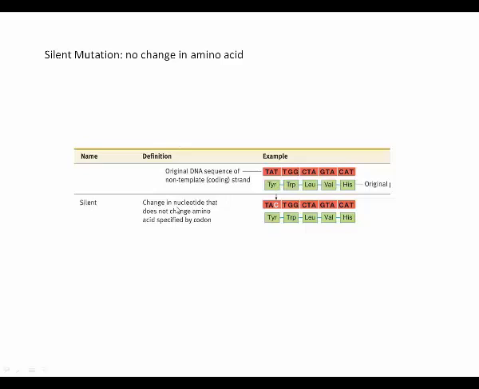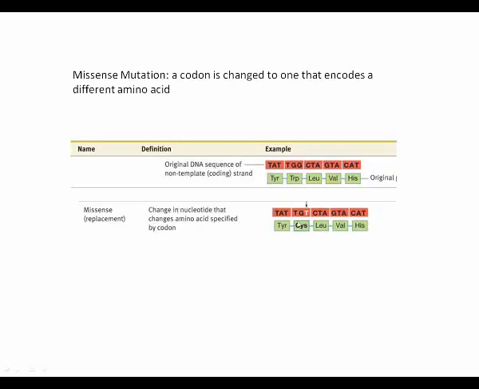nucleotide. A missense mutation is one where there's a change in the nucleotide, and that change actually changes the encoded amino acid. So in this case, UGG encodes tryptophan, but UGU encodes cysteine. So there was some kind of change that changed the DNA, a substitution mutation, and that created a missense in the protein.